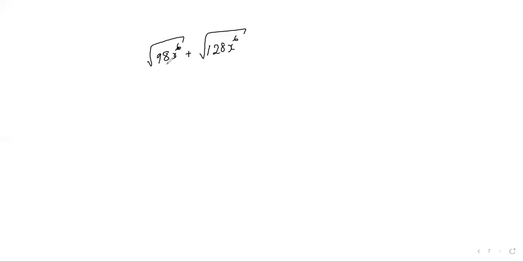Now, 98 divided by 2, this is 4, carry 1, is 49. So this is 49 times 2 times x to the power of 6, plus 128 divided by 4, that is 32, and 4 into 8 is 2.